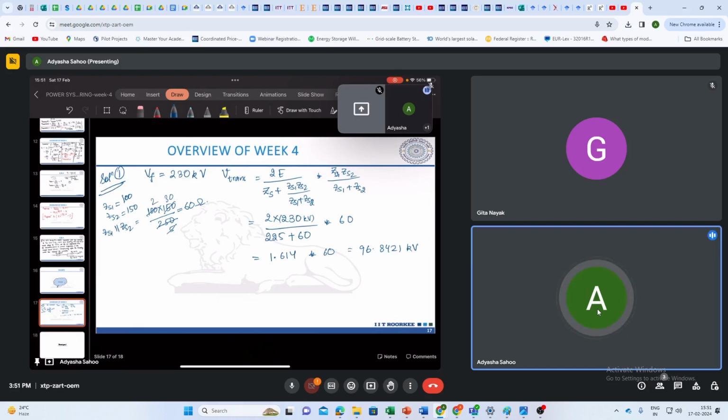Now I need to calculate the current through the second branch. Basically they are in parallel, so this is V transmitted across both branch 1 and branch 2. So I transmitted will be V transmitted divided by ZS2.